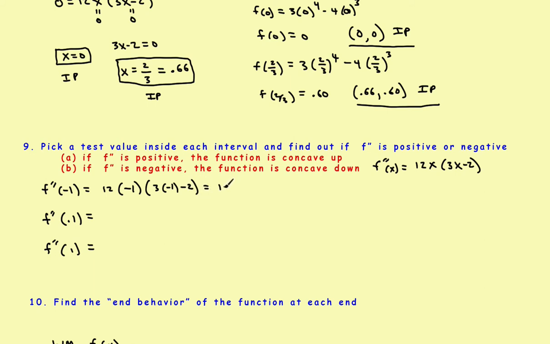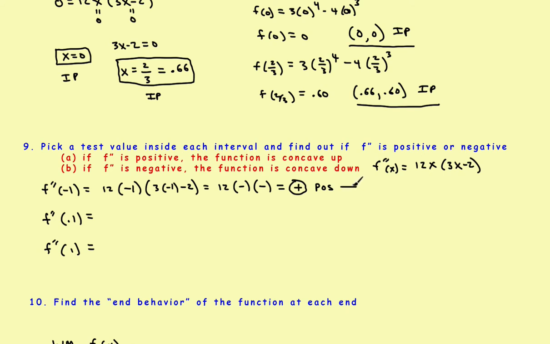Okay, that's going to give me 12. This second one is going to be negative. And the third one, again, I'm not interested in the numerical value. I just want to know, is it positive or negative? So that's going to be minus 3 minus 2, which would be a minus 5, but that's also going to be negative. So two negatives make a positive. This whole thing will turn out to be positive.